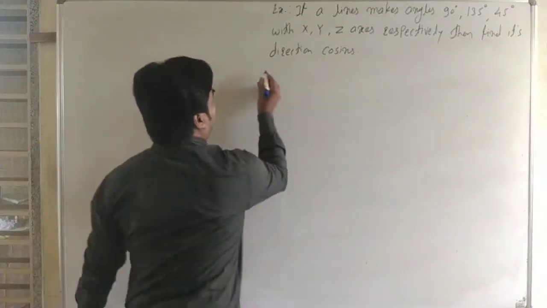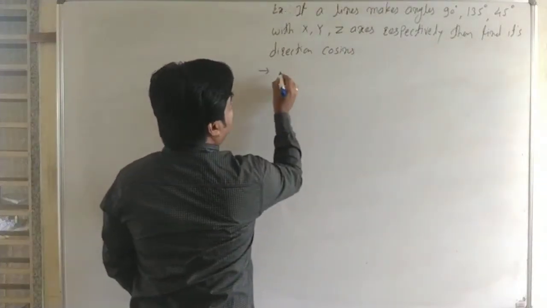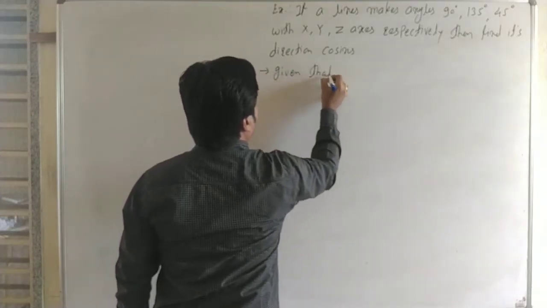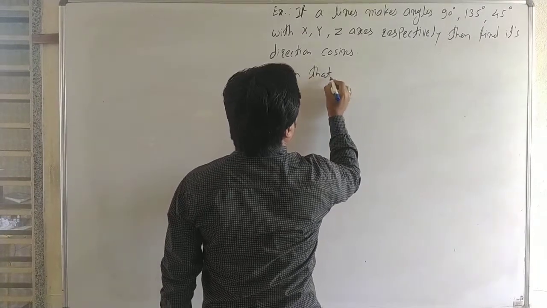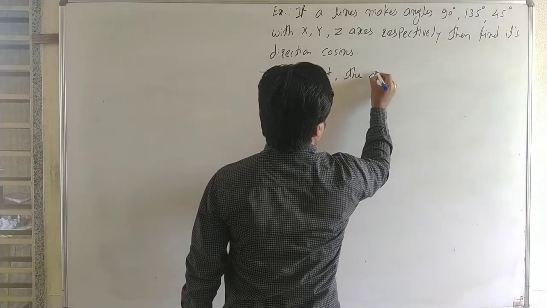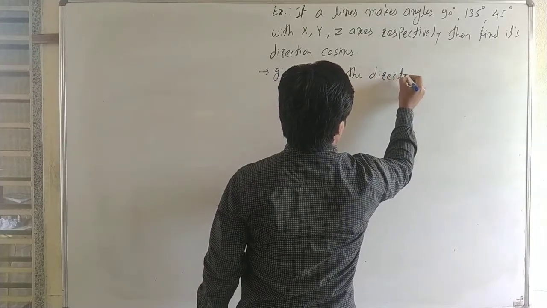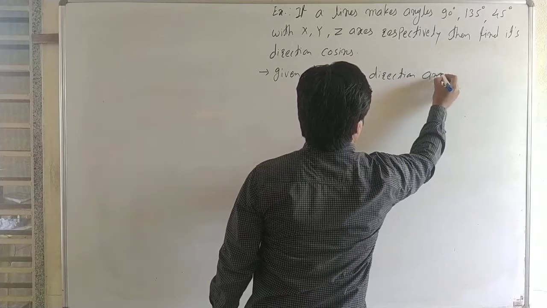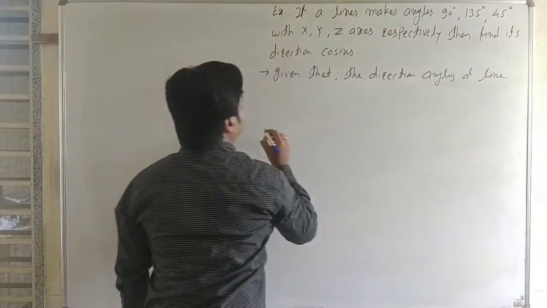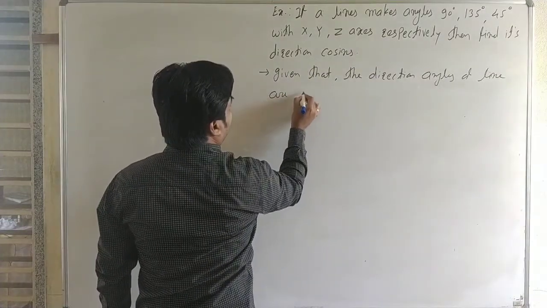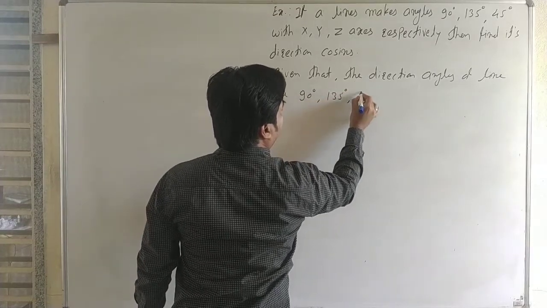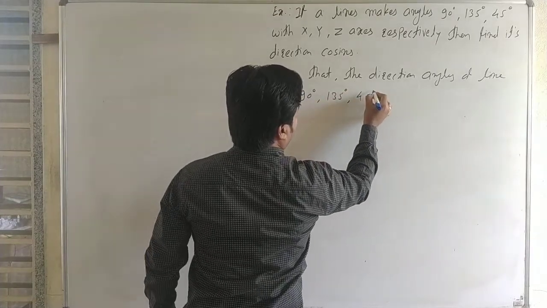Now here it is given that the direction angles of the line are 90 degrees, 135 degrees and 45 degrees.